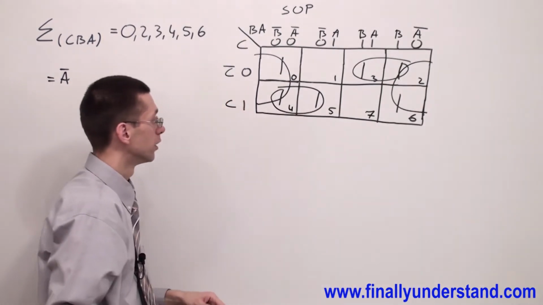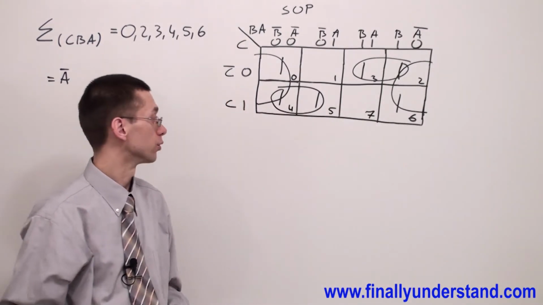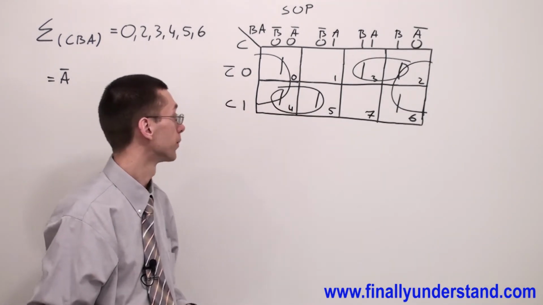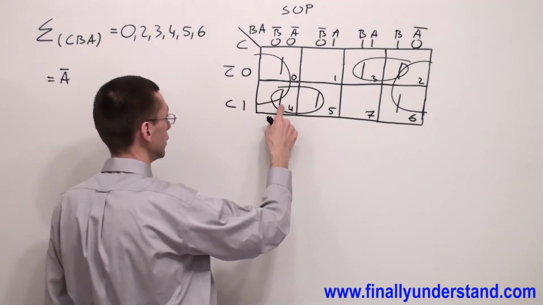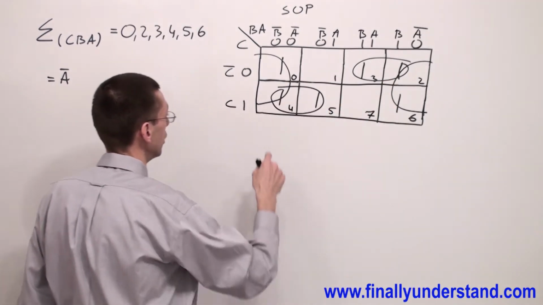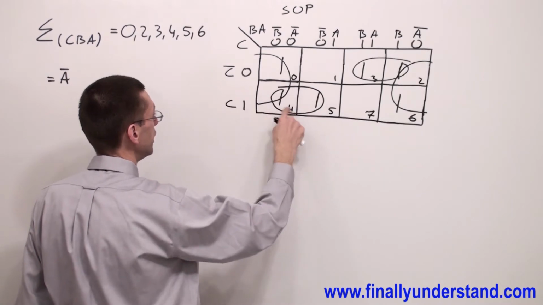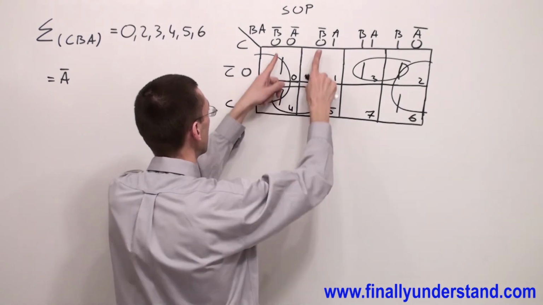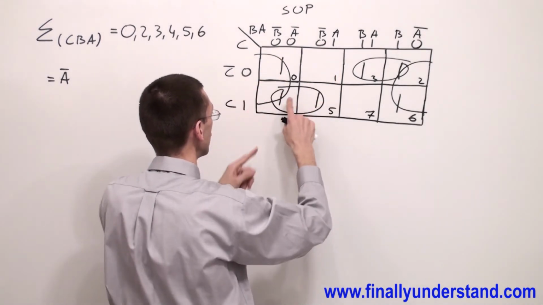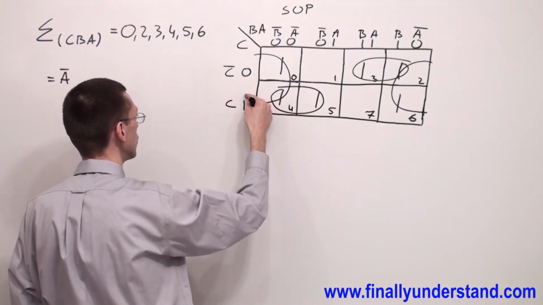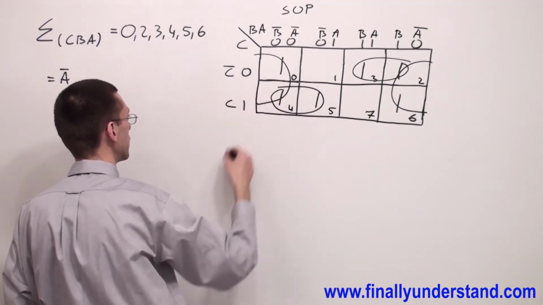Next, keep in mind that you can use any one as many times as you need. That's why I use this one twice and this one twice, like before also. This group is placed in 1 row and 2 columns. When we have a group placed in 1 row, we simply copy down whatever is on the side of that particular row.